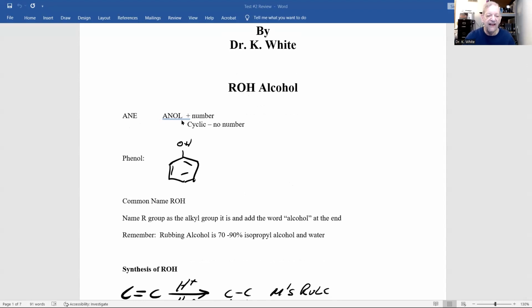Drop the E, add OL. And for acyclic, you need a number. What carbon is the hydroxyl group on? And that always gets highest priority, lowest number closest to the end of the chain. Remember, you always start numbering acyclic compounds from the end of the chain.